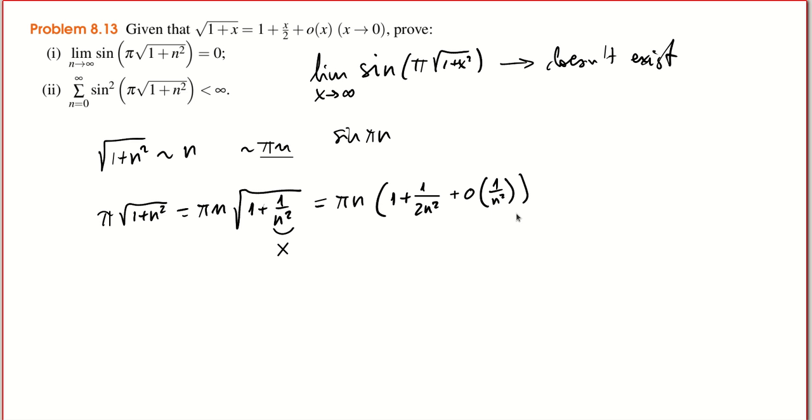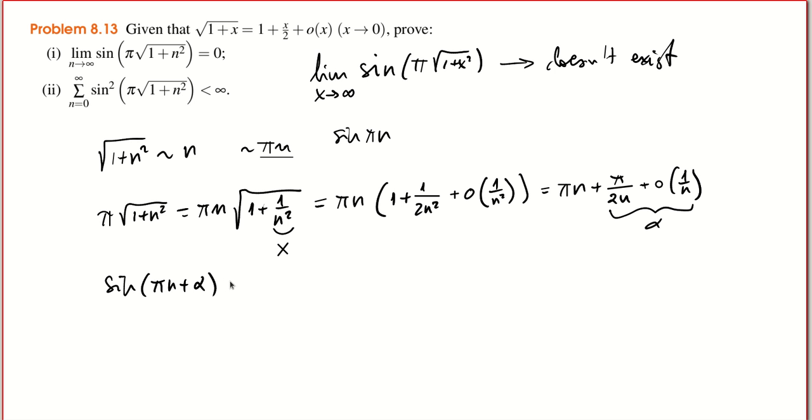So we have this expansion, which means that this is equal to pi n plus pi over 2n, right, plus O of 1 over n. Now we have to evaluate the sine of that. Let's call this alpha. So we have the sine of pi n plus alpha.